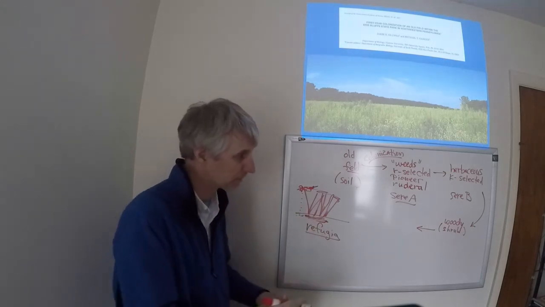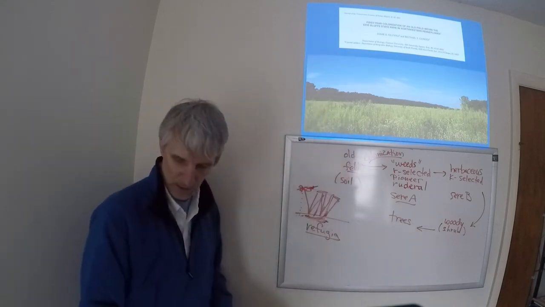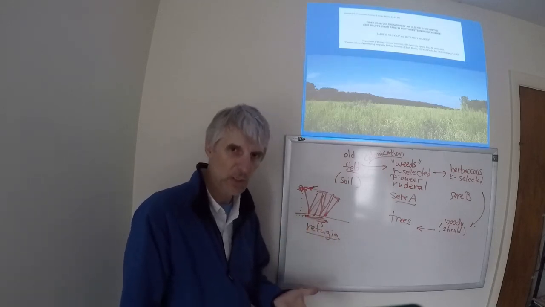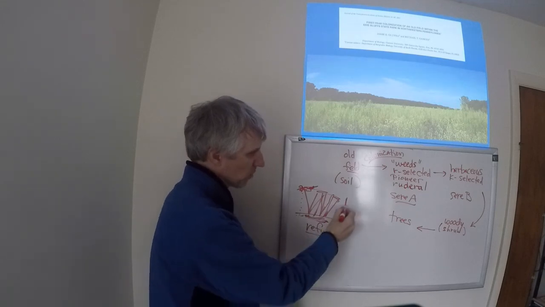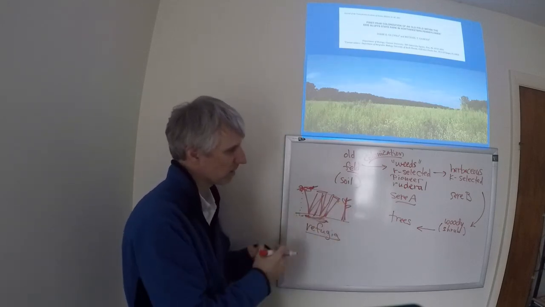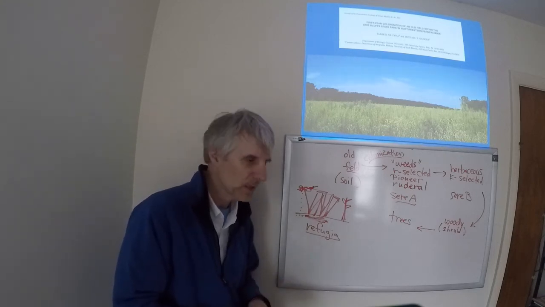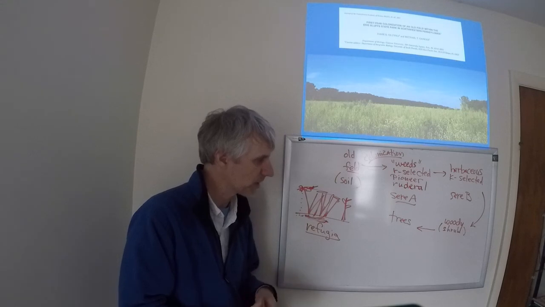Okay? Now, these seeds that are being brought in are going to be some tree species. The difference between a tree and a shrub: a tree has one stem, the shrub has multiple stems. But the other difference too is shrubs don't tend to get as tall. The trees are much better at growing tall than the shrubs are.